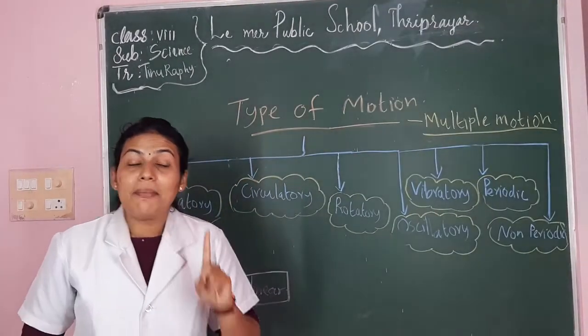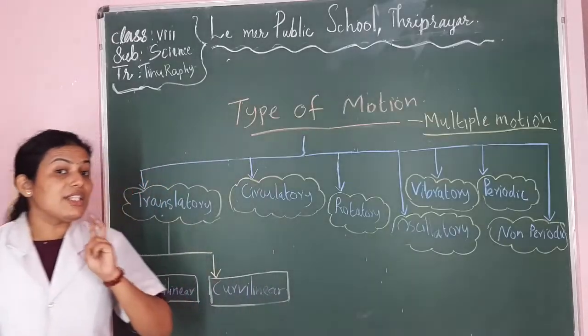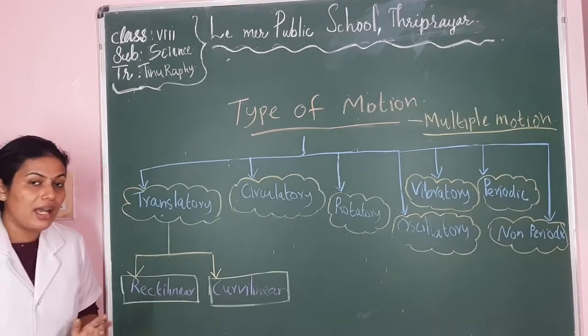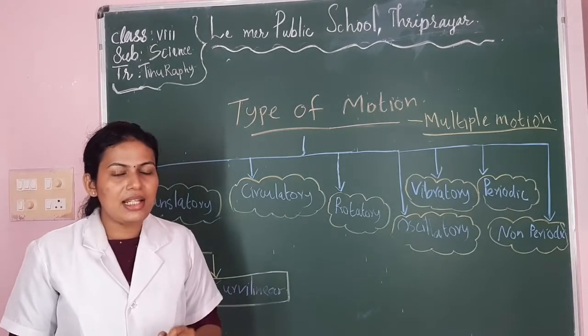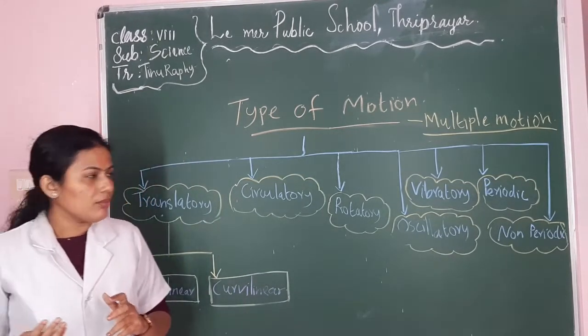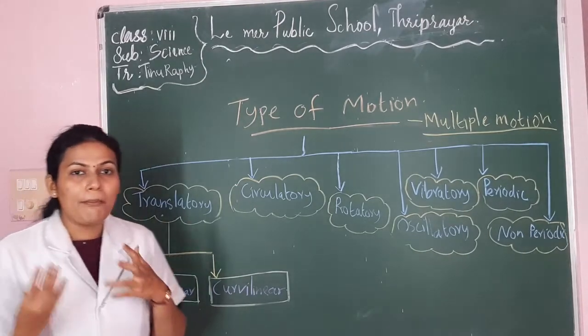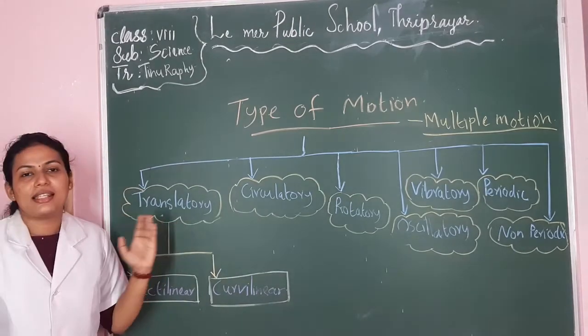At the same time, it shows a translatory motion because the bicycle moves in a straight line, a rectilinear path, or a curvilinear path, isn't it? So a moving bicycle shows rotatory motion as well as translatory motion.